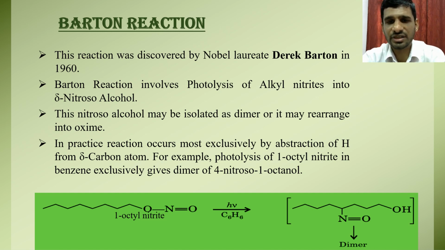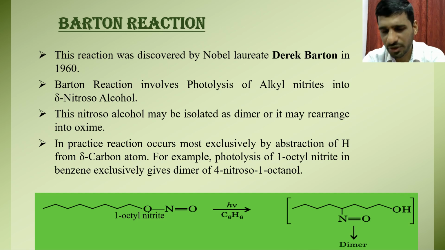Barton reaction involves photolysis of alkyl nitrites into delta nitroso alcohol. So if we want to define Barton reaction in a single sentence, in simple words, it just involves photolysis of alkyl nitrites into delta nitroso alcohol.